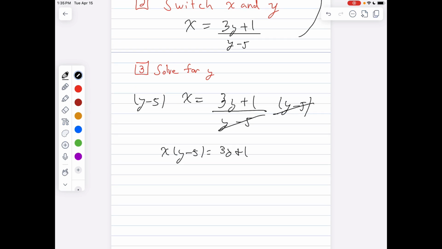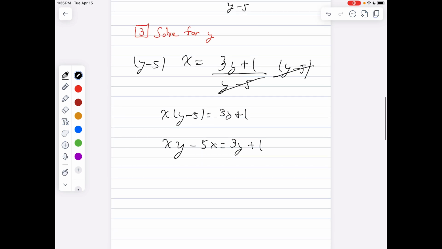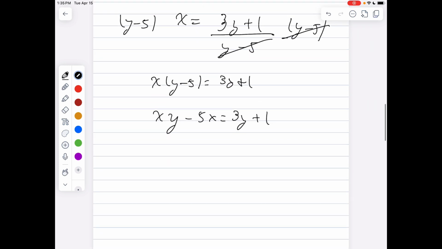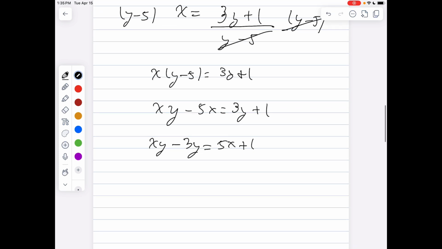And I'm going to distribute the x inside that parentheses. And the reason I did that was I want to be able to collect all the y terms together. And I'm going to go ahead and subtract 3y on one side and add 5x on the other. And I'm going to factor y out. And you would get y times x minus 3 equals 5x plus 1.